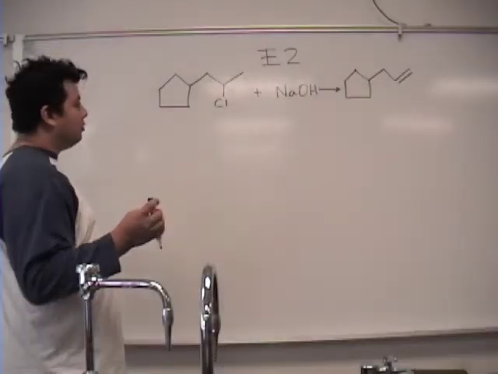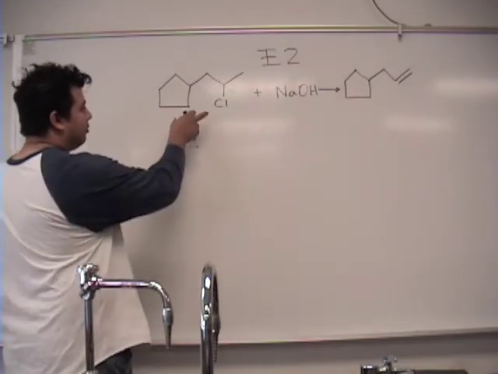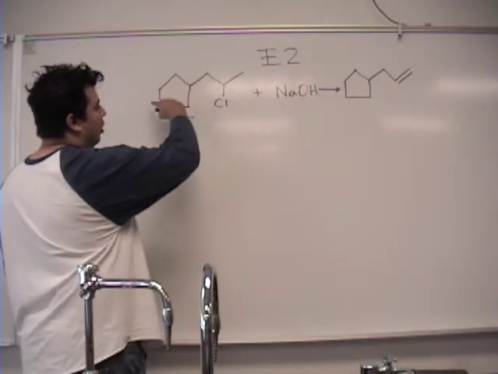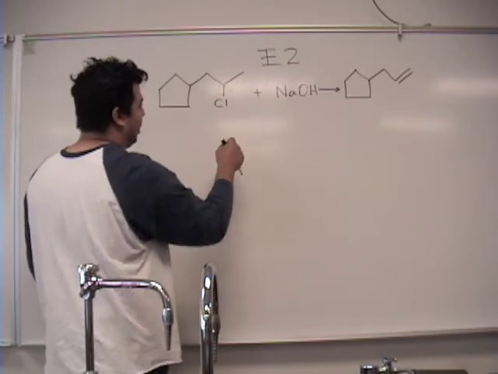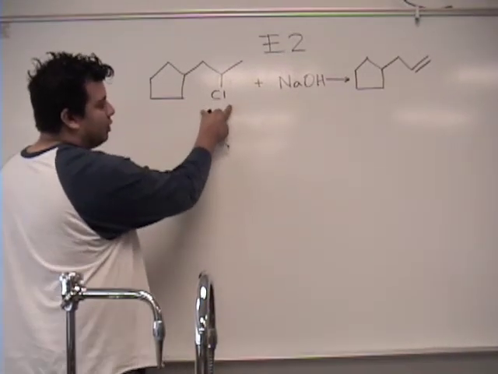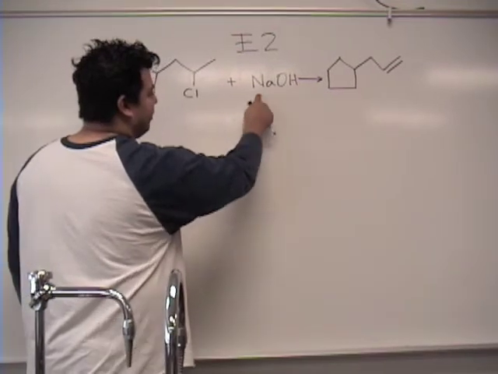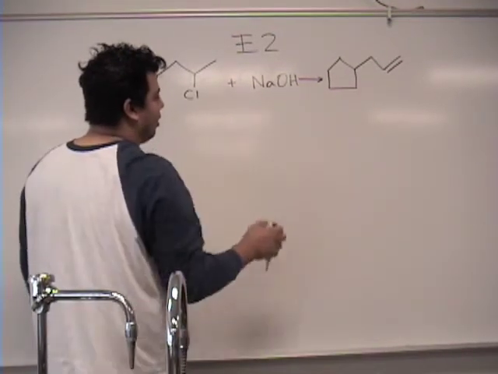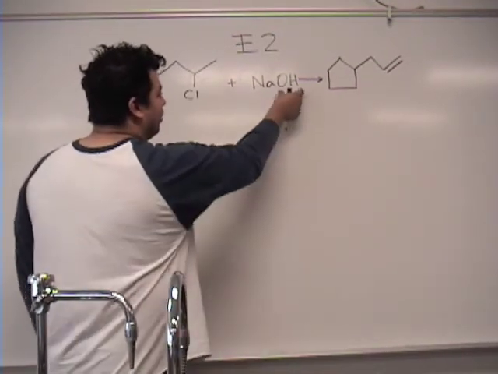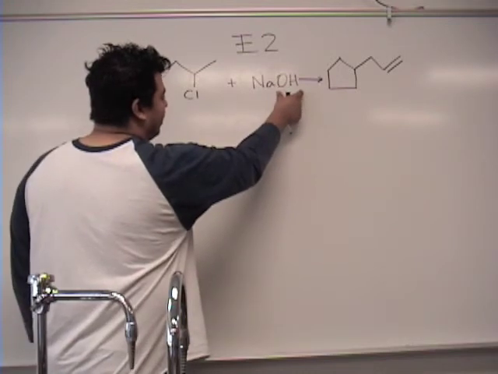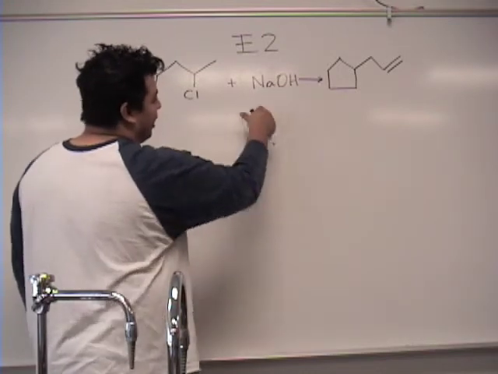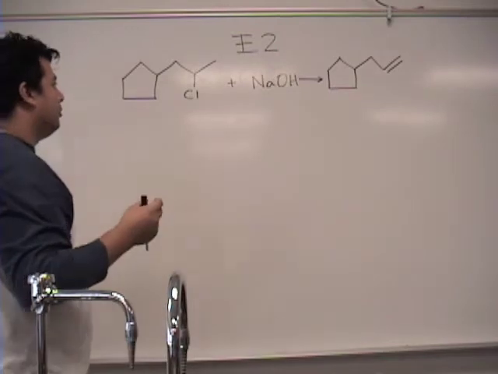An example of E2. We have our molecule here, and we are going to call all of this the substrate, right? We have our leaving group here, and we have our base right here. We see an ionic compound. We know that the only part that's going to react is going to be the base, and the Na is going to be a spectator ion.